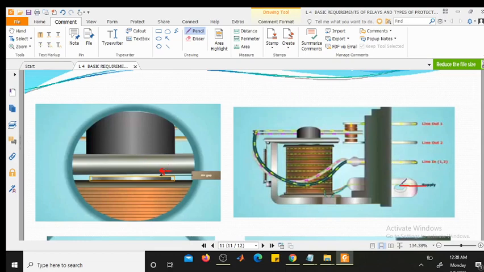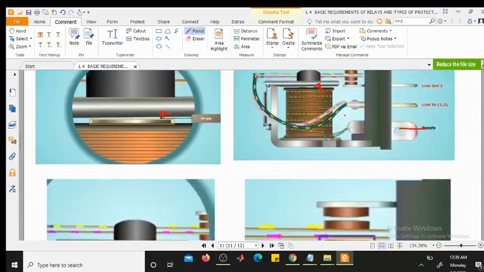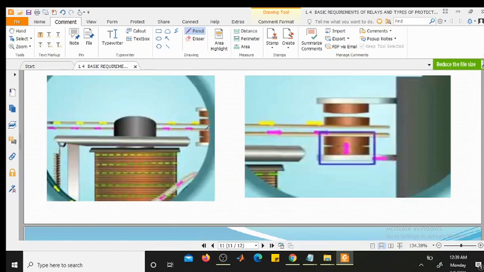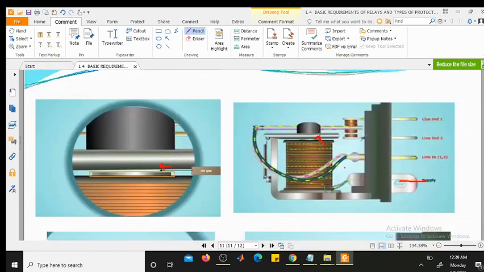Now we are giving supply to the relay, so it gets energized as the electromagnetic coil produces the electromagnetic field. With the continuity of this supply, because of the electromagnetic field effect, the soft iron core gets attracted towards this armature. At first these contacts are normally closed and these are normally open.